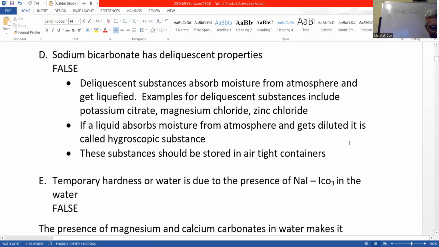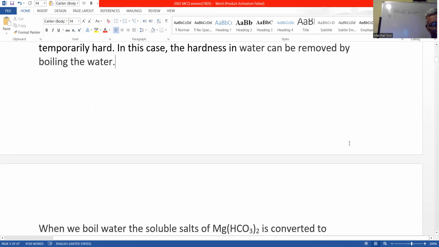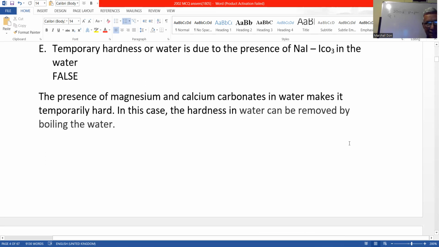Both are the same. Then temporary hardness, water hardness, we know that it is because of magnesium and calcium compounds in water. When you boil, the hardness goes away. It is temporary hardness.